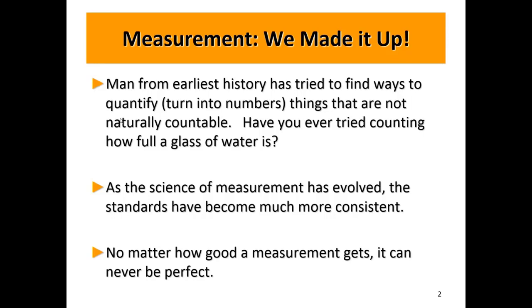There's a certain point beyond which you can't measure perfectly how long something is, or how much volume there is, or how bright it is. So how well we can measure is based upon the precision of the measuring instrument.